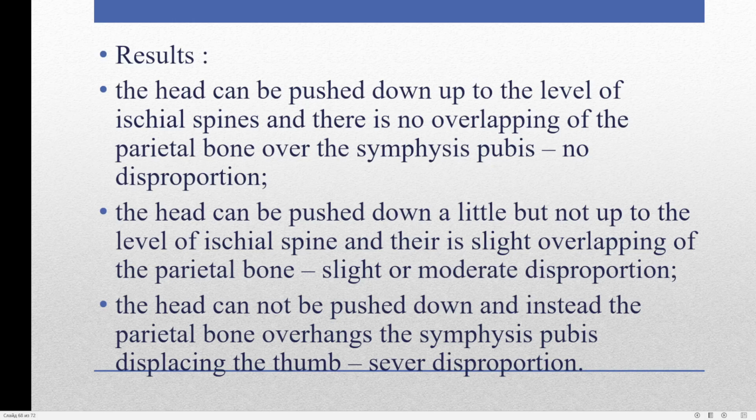If the head can be pushed down a little but not up to the level of the ischial spines, and there is slight overlapping of the parietal bone, it is slight or moderate disproportion. If the head cannot be pushed down, and instead the parietal bone overhangs the symphysis pubis, displacing the thumb, it's severe disproportion.